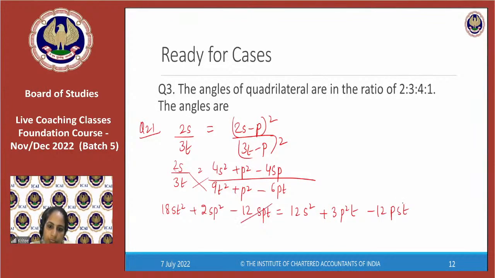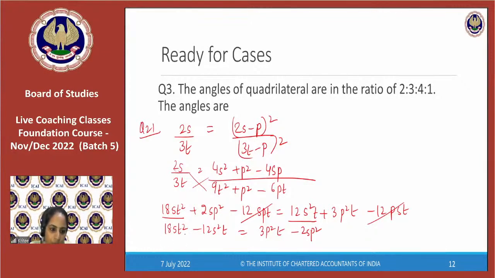So 12 pst, 12 pst cancels out. And okay, I think I missed this, s square t, all right. The st terms, both on one side, the remaining on the other side. So 18st square minus 12s square t to be equal to 3p square t minus 2sp square.